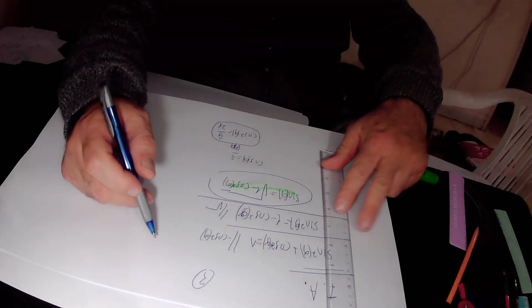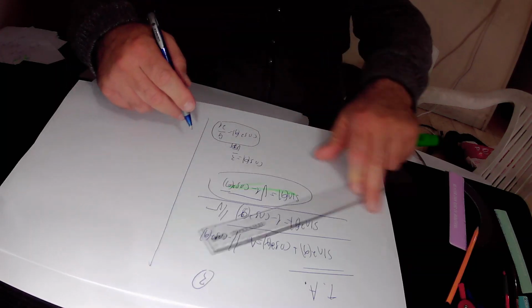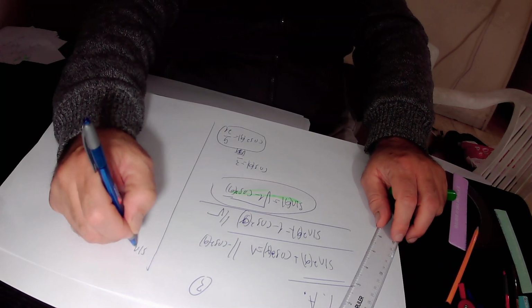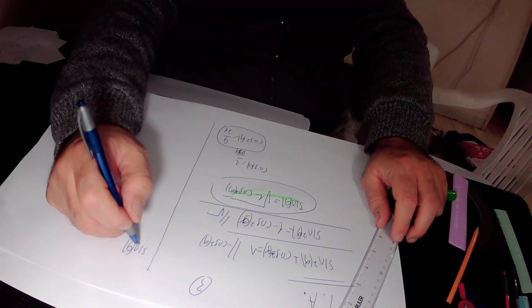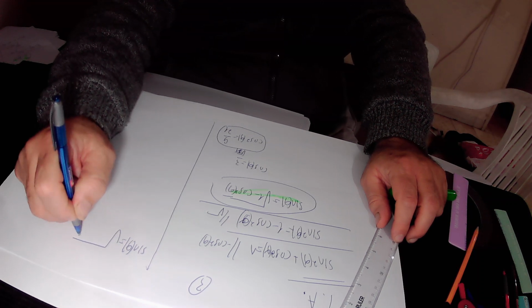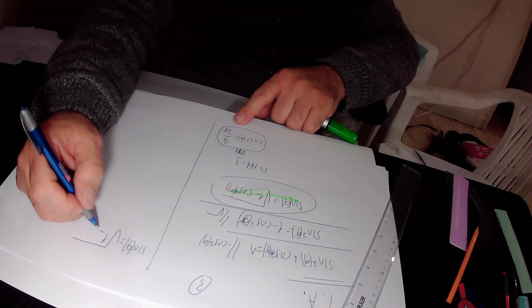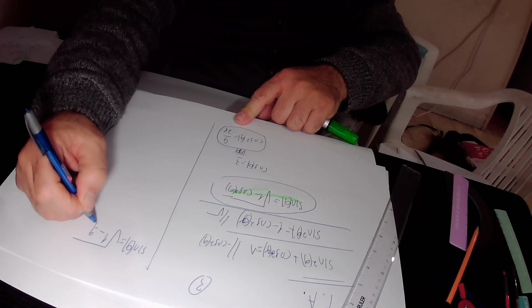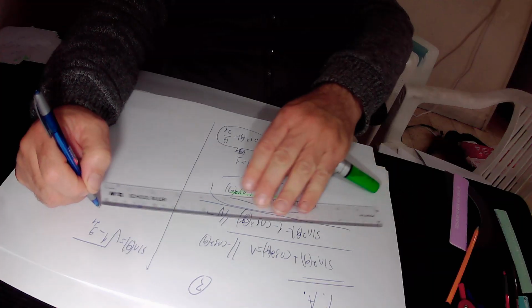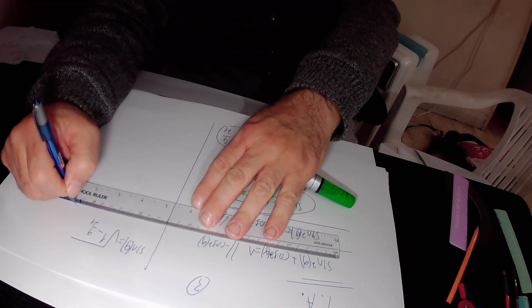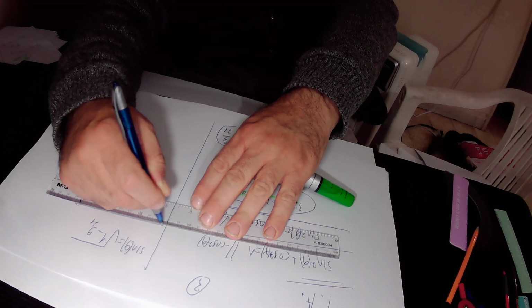And we get that sine alpha equals the square root of 1 minus cosine squared alpha, which equals 9 over 21. So sine alpha equals the square root of 1 minus 9 over 21.